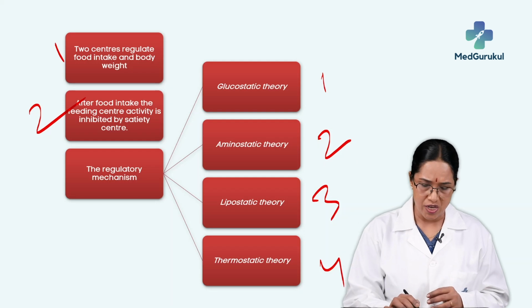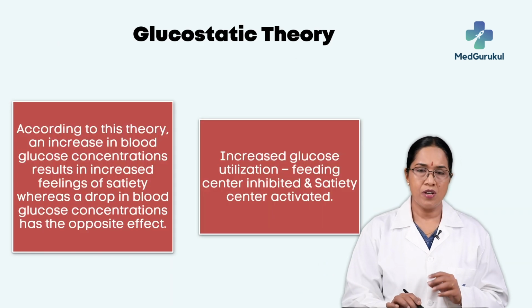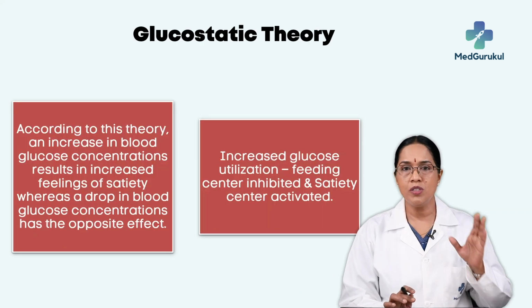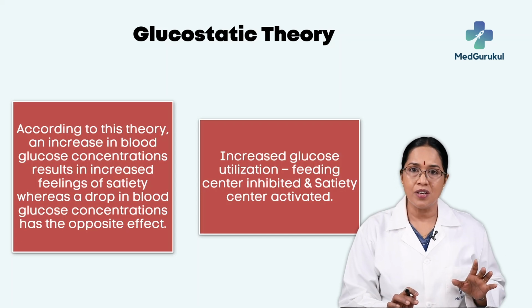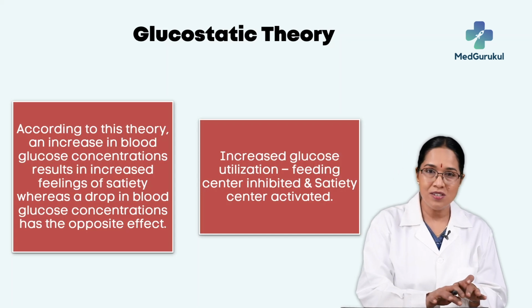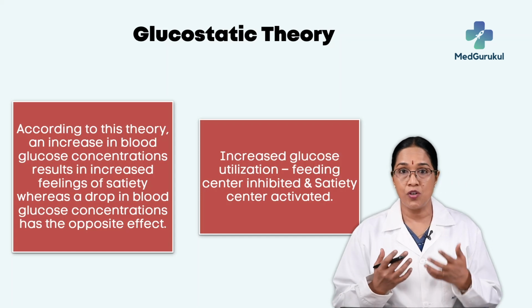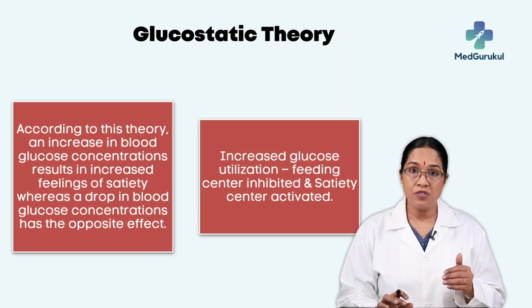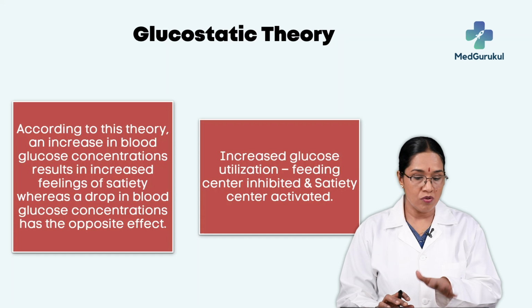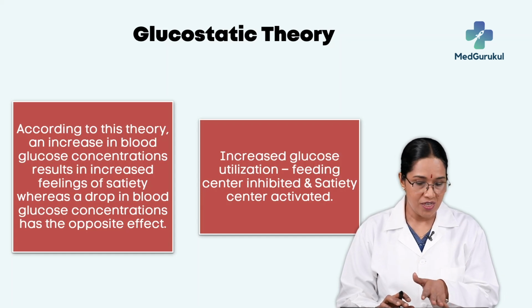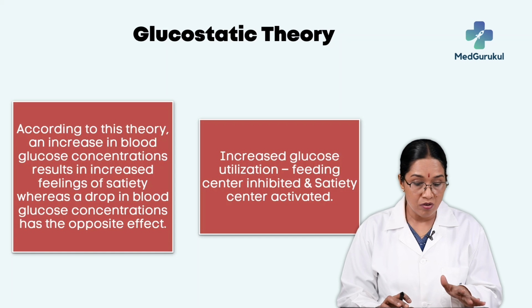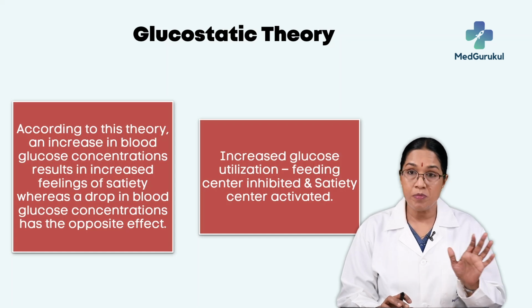It's very simple actually. Glucostatic theory. Glucostatic means something to do with glucose, isn't it? Let's first read the definition and then I'll explain what it is. According to this theory, an increase in the blood glucose concentration results in an increased feeling of satiety, whereas a drop in the blood glucose concentration has the opposite effect.